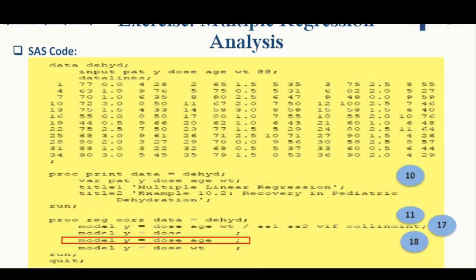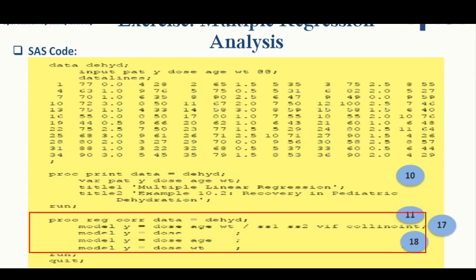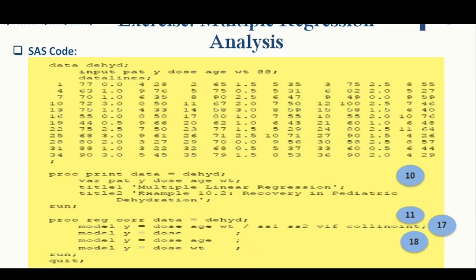Model Y equal to dose and age. Model Y equal to dose and weight. Now what are all these? The proc reg allows you to specify multiple regression models. So you are asking the proc reg to first consider the model Y, which is dependent on dose, age and weight. All the three variables considered.